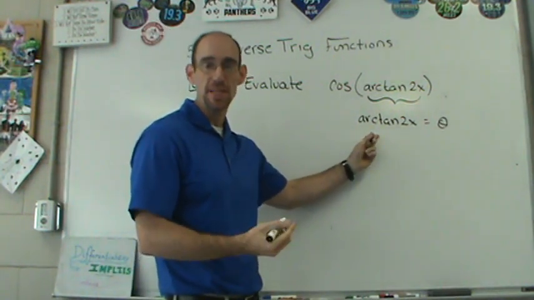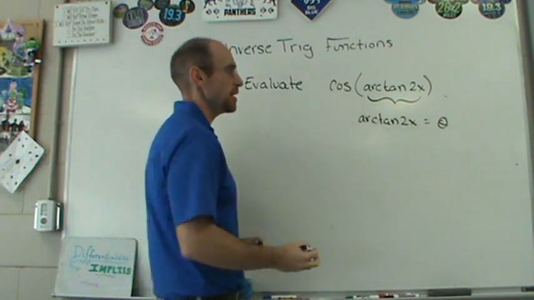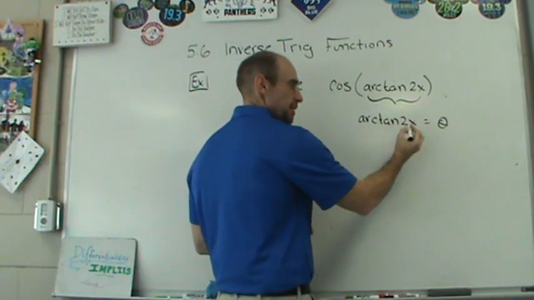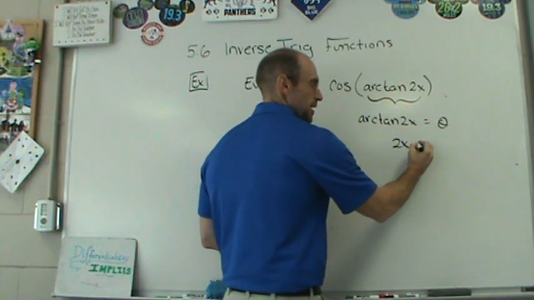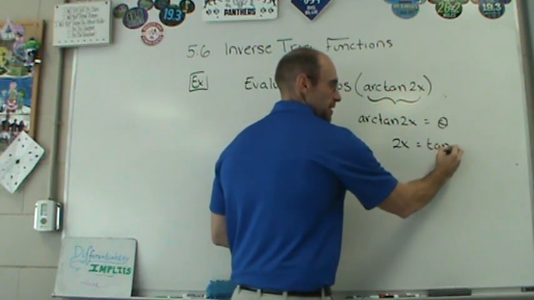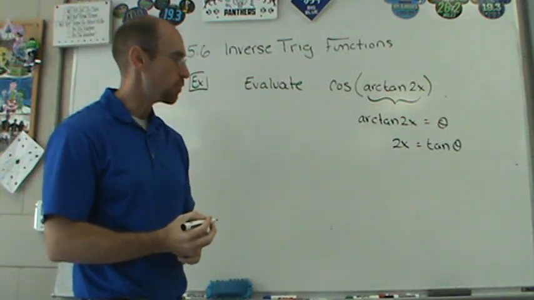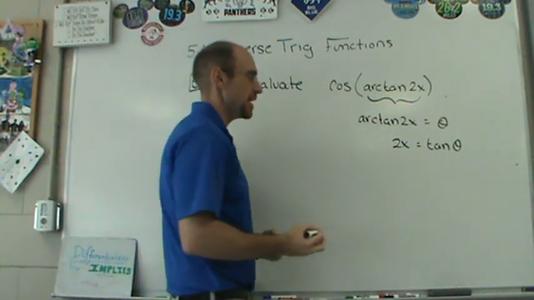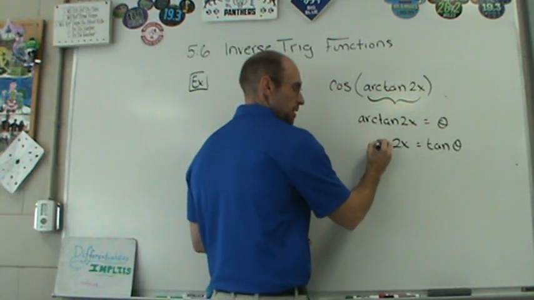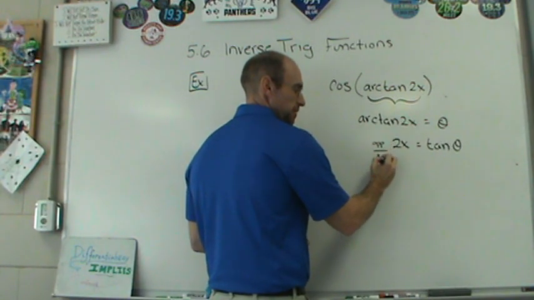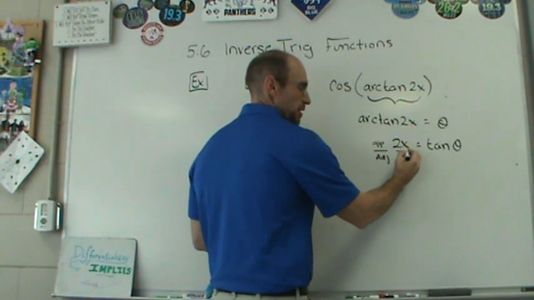The inverse of arctangent is tangent, so tangent both sides. If we tangent arctangent, it cancels out, giving us 2x equals tangent of theta. Think about what the ratio is for tangent. Tangent is opposite over adjacent, and 2x is really over 1.